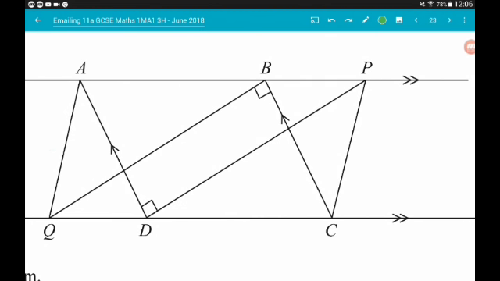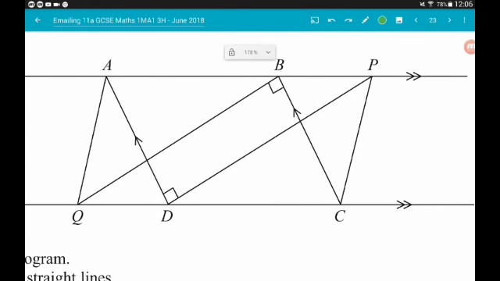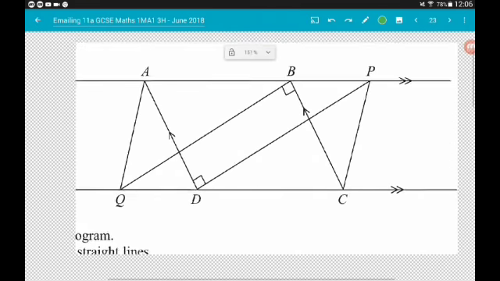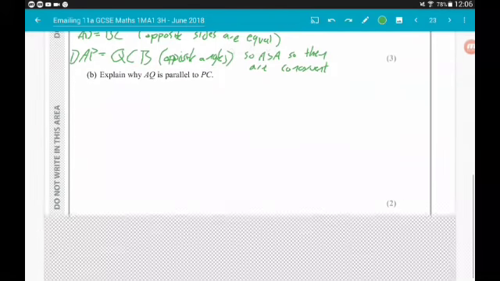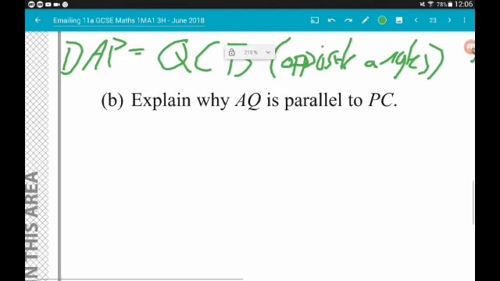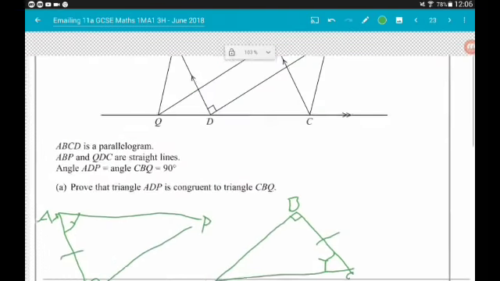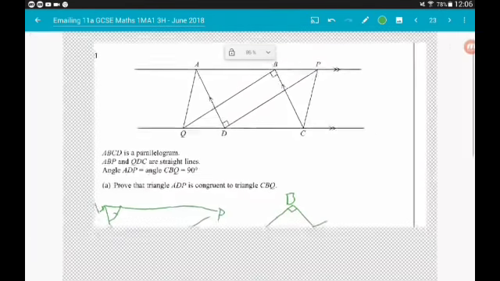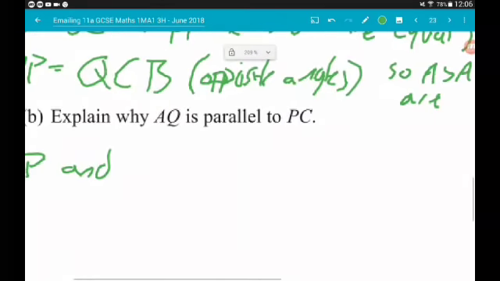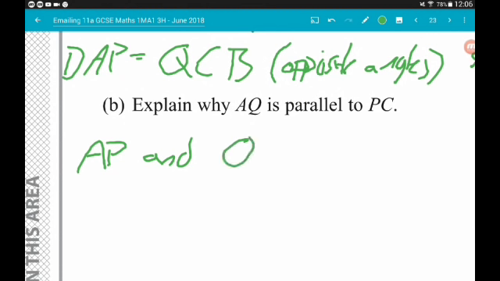Okay, so, well, we know that AP and QC, well, we know that each of those lengths are the hypotenuse of the two congruent triangles.